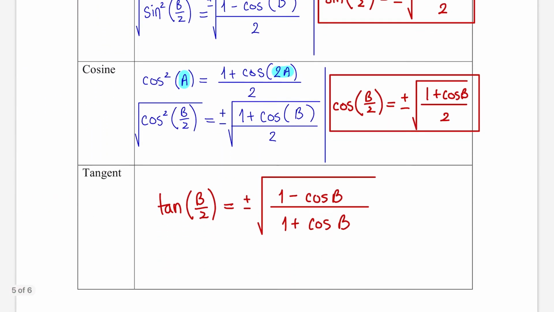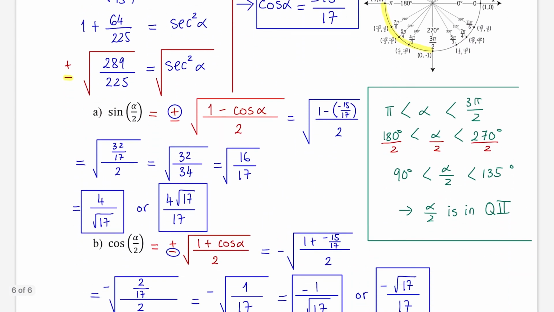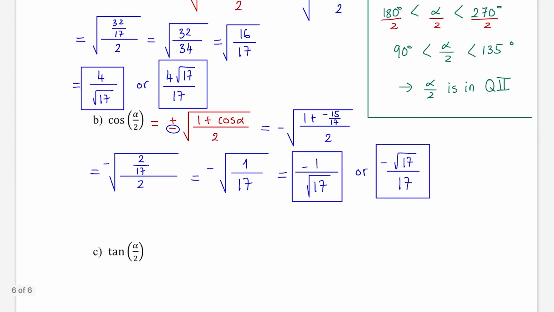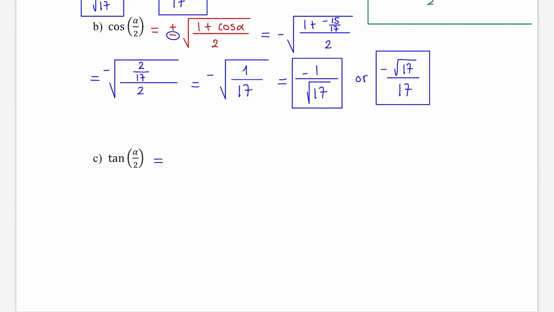For tangent of alpha half, I can use the half angle formula for tangent, which is plus or minus square root of 1 minus cosine alpha over 1 plus cosine alpha. However, I found sine of alpha half and cosine of alpha half. In this particular case, I am going to use the formula tangent of alpha half is sine of alpha half divided by cosine of alpha half.